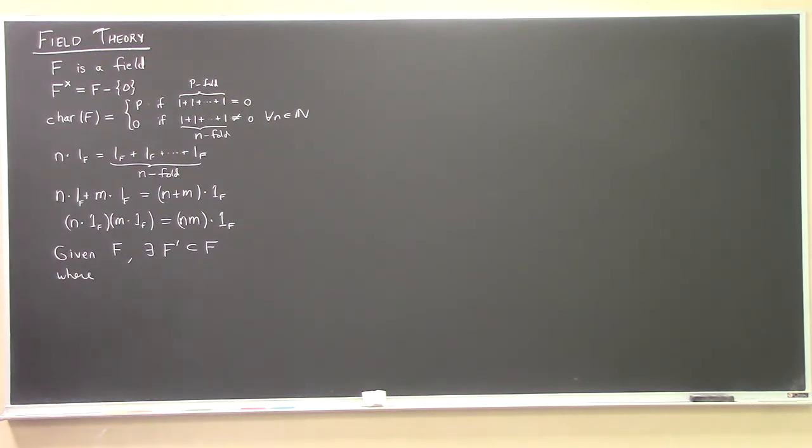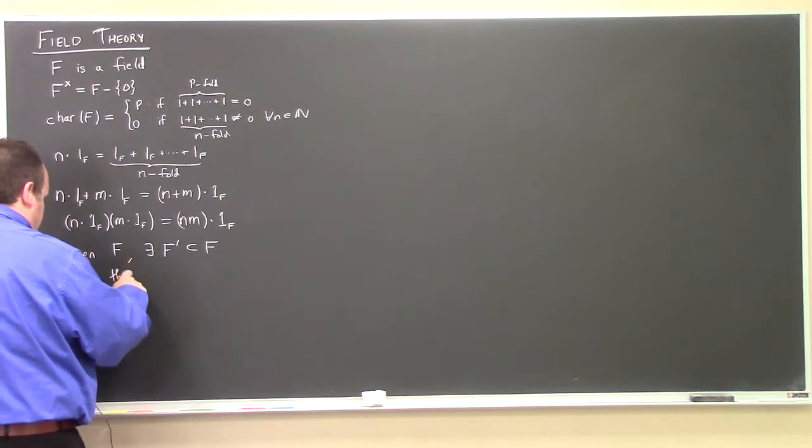Adding 1 repeatedly gives you the integers, or it's either the integers or Z mod p. And then if you look at the field of fractions over that, there's an isomorphic copy of that that has to be inside the field. And so that forms the prime subfield.